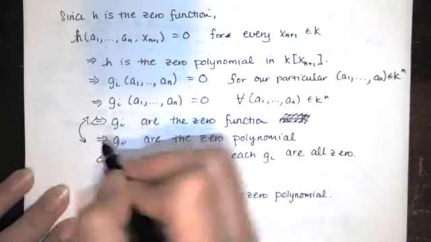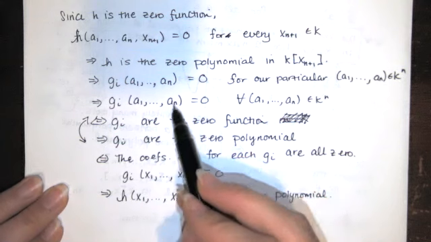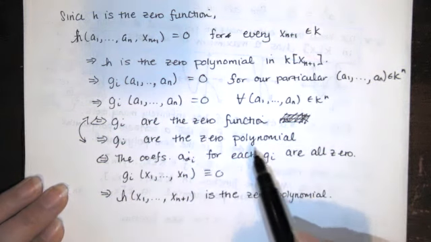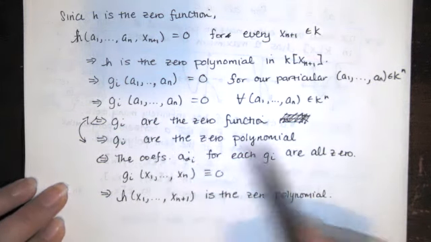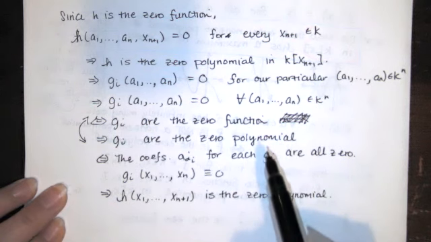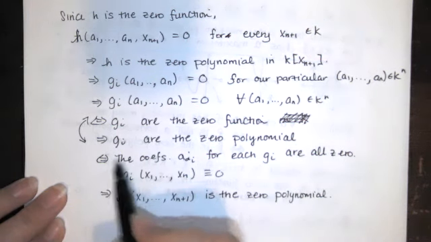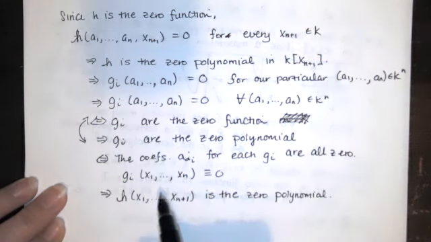And then this is the jump from here to here when we said that we're going from the zero function, which always gives you 0 when you plug in all the values in n-dimensional affine space, to going to the zero polynomial, which means that every coefficient of the polynomial is equal to 0. Because that's what that equivalence is right there. This is the same as this.